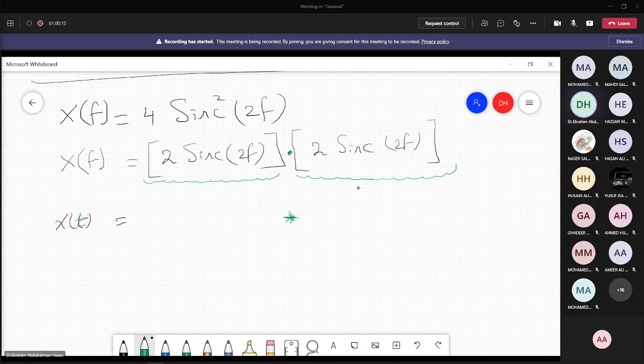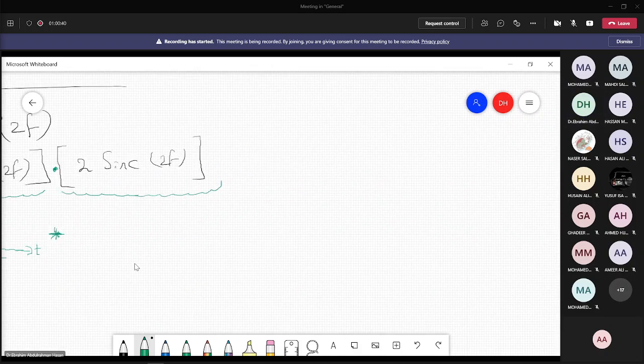We know that sinc gives me a rectangle, so it is something like this in the time domain. As we said, if this is tau and minus tau, here the number we put is t and minus t, and this is k.